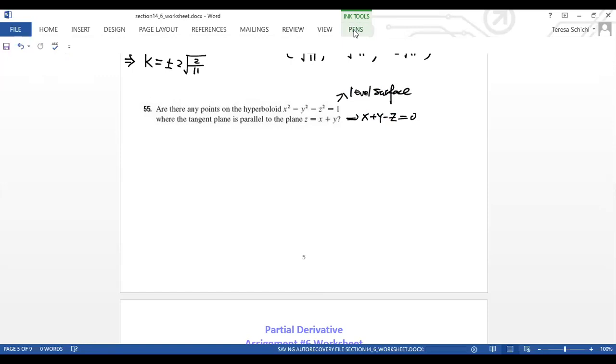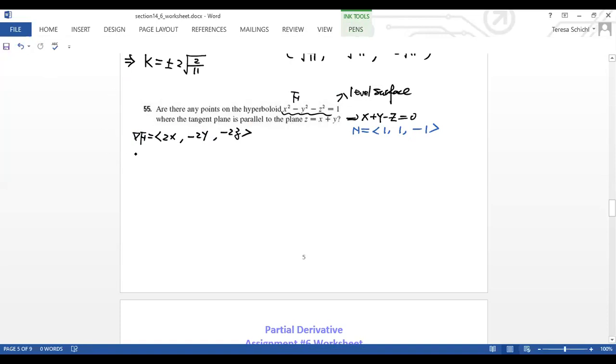So what is the normal vector here? The normal vector for this plane is (1, 1, negative 1), correct? All right. And then also the gradient vector. If this is my f here, then the gradient vector of f is 2x, negative 2y, negative 2z here.